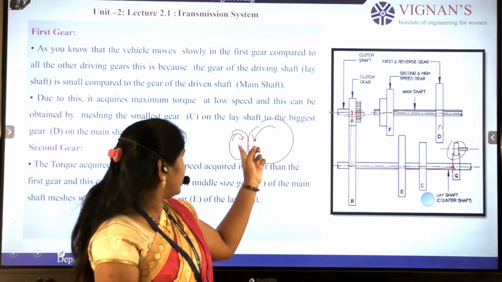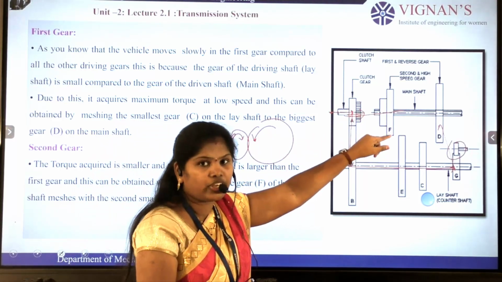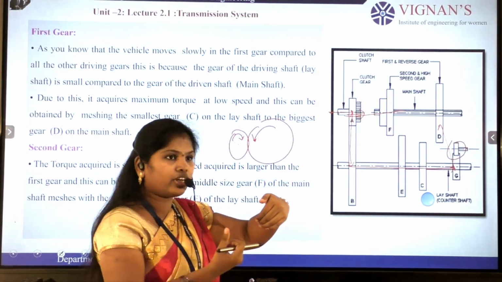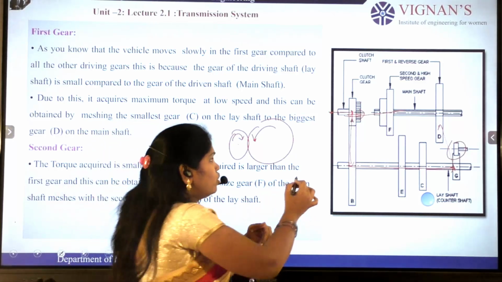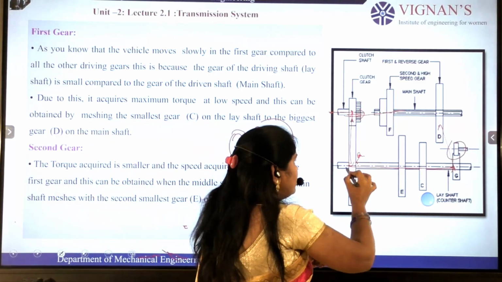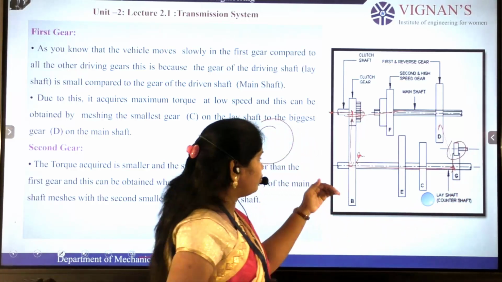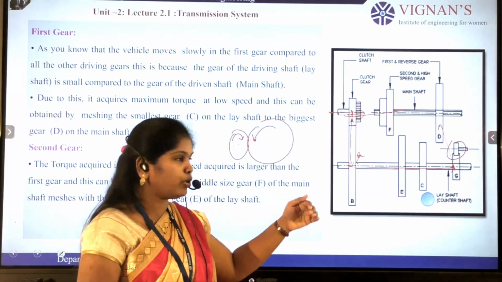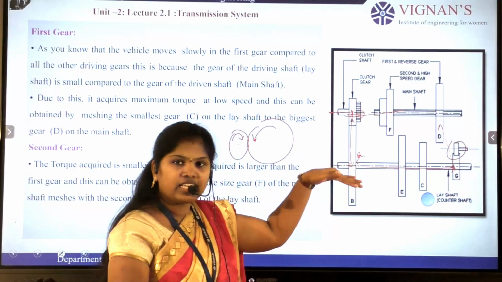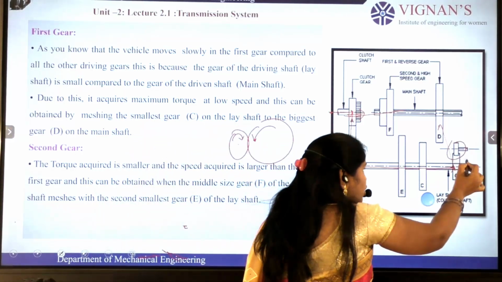The attached gear will rotate in an anti-clockwise direction. Gear G will also rotate in an anti-clockwise direction because these are all placed on the same shaft.